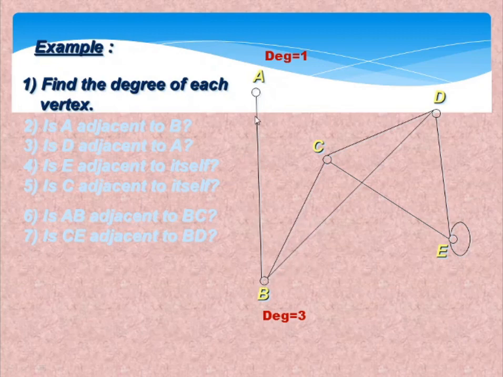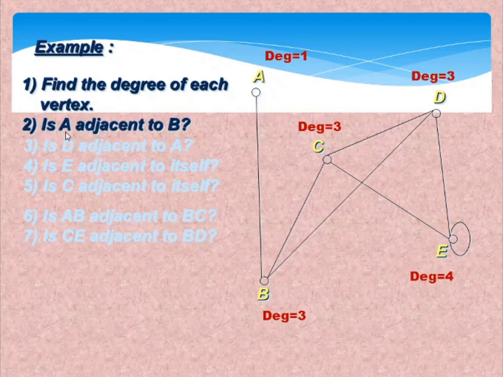Similarly, 1 2 3, so degree of C is 3, and degree of D is also 3. But why is degree of E 4? You can observe that the incident edges on vertex E are DE and CE, but there is also the loop. A loop is counted twice, so the degree is 2 plus 2, which is 4.